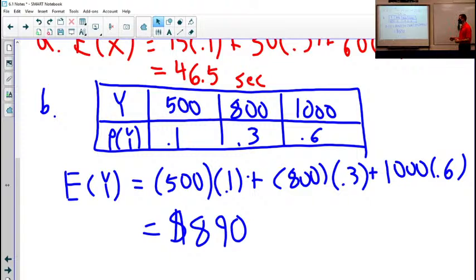We're expecting that on average, in the long run, if we looked at a lot of these commercials together, they would cost on average about $890. So remember that it is a mean. It is not literally a value that you expect. A lot of the time, it's not going to be a value that you can get at all. Mean is going to be a long-run average.